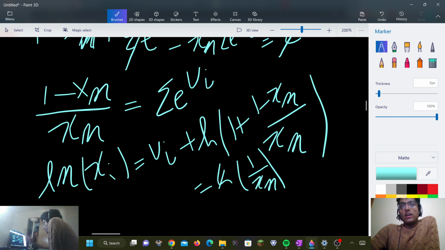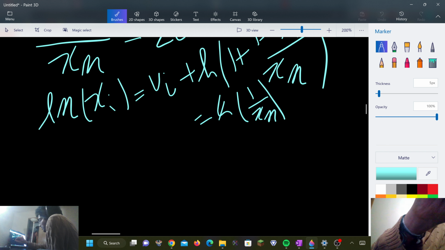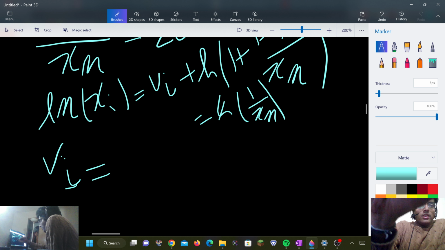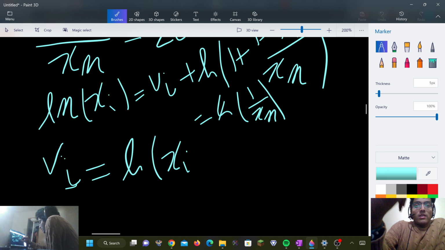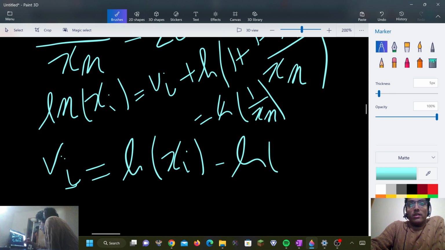You just make a common denominator and add the fraction over, and then you subtract the terms to isolate v_i. So v_i equals ln x_i minus ln of 1 over x_n.